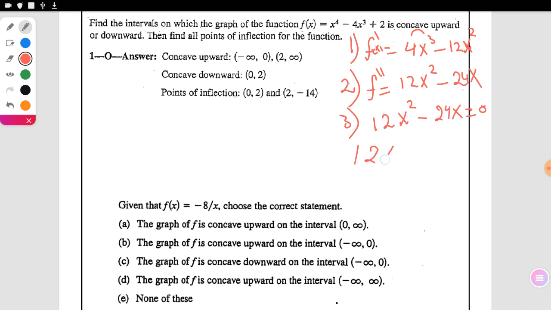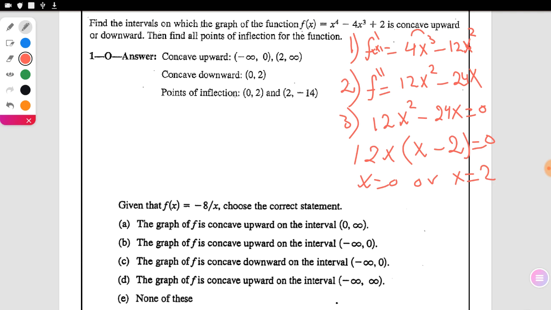Take 12x as a common factor, it will be 12x times (x minus 2) equals 0. So x equals 0 or x equals 2, maybe one of them or both of them are inflection points.